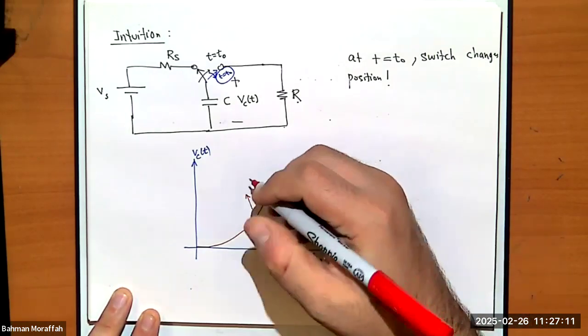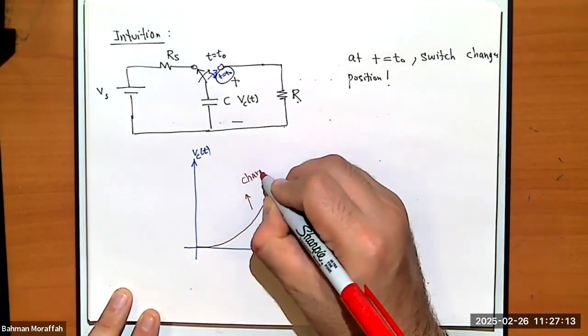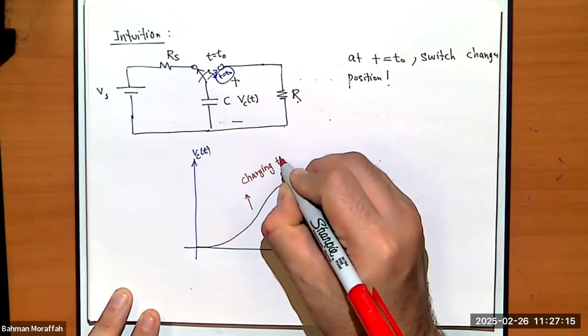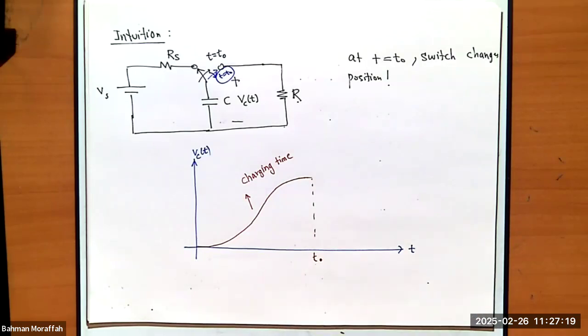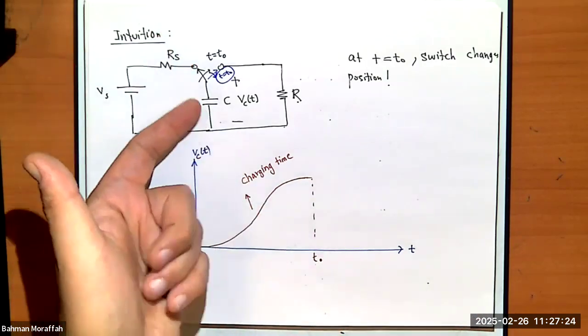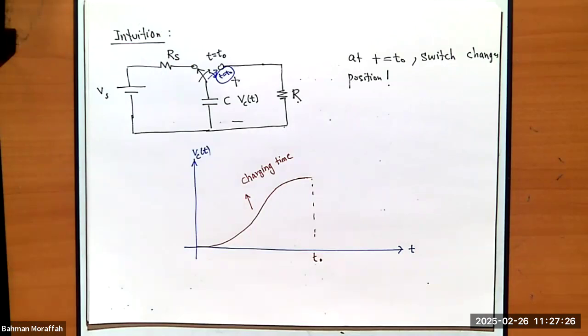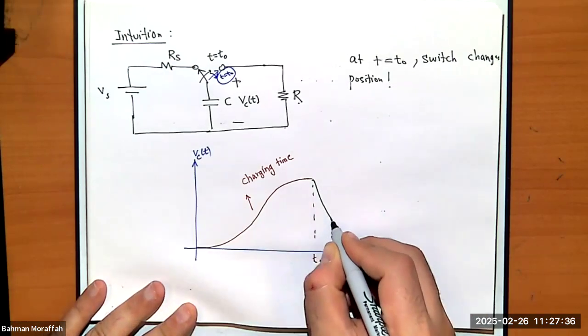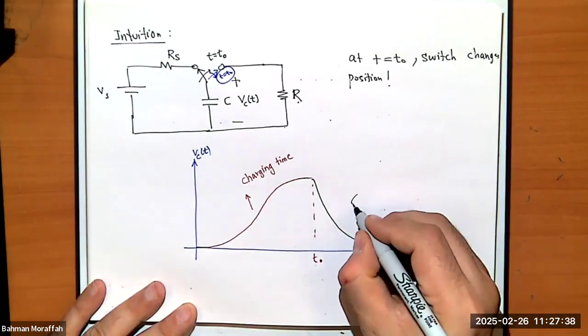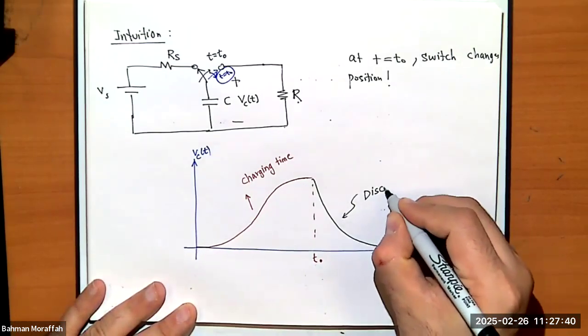So the capacitor is being charged. This is the charging time. But as soon as I hit t naught, since I no longer have any source to supply the circuit, this capacitor starts supplying till it becomes completely discharged. So it becomes discharged like this.